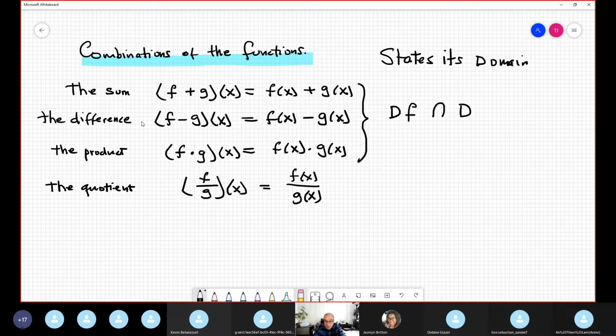intersection domain of g. Okay, and for addition, subtraction, and product, you just determine the domain of f, you determine the domain of g, and you see the common elements. The common elements are the elements that both functions share, and that is also the domain for the combination.